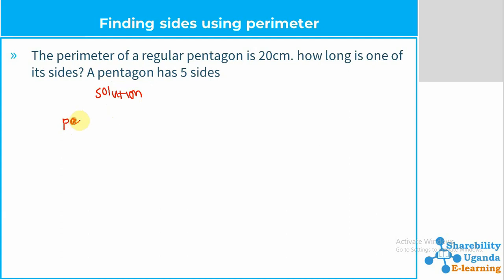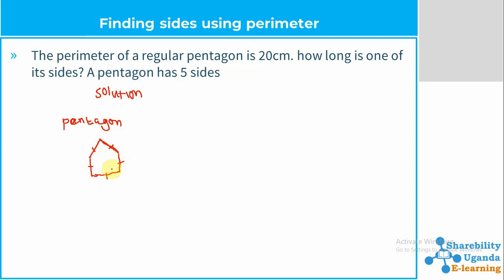Our pentagon is going to have 5 sides, and the sides might all be equal: 1, 2, 3, 4, 5.